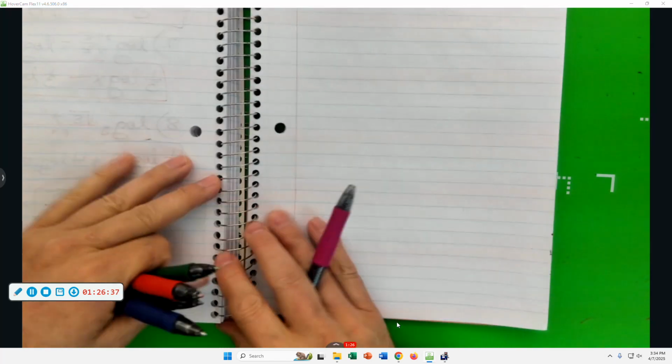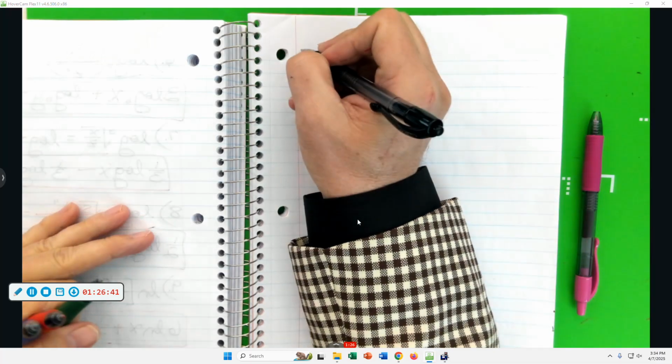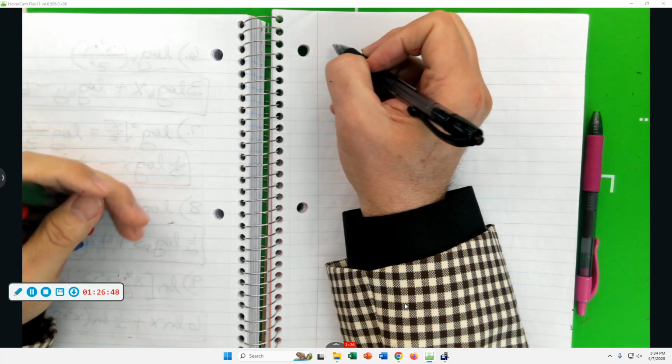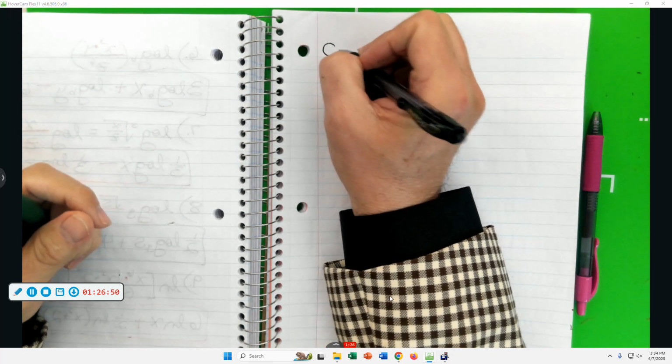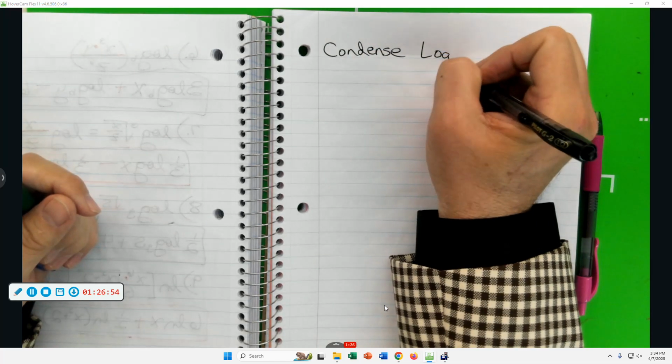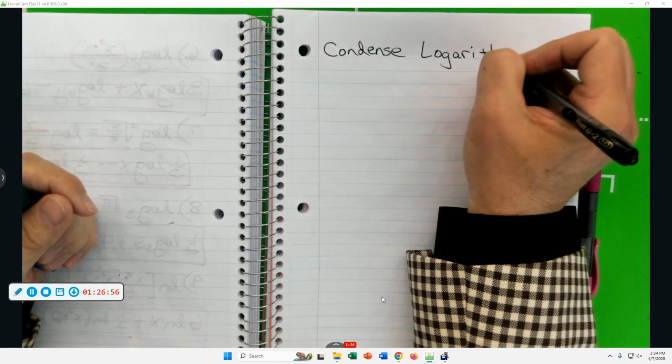Number 10. Wait, instead do this. I better mention what it means to condense logarithms. If you see the instructions, condense logarithms, that means write as a single log.